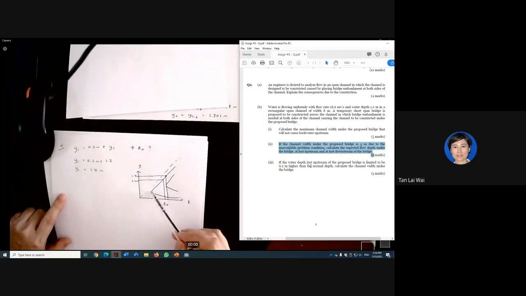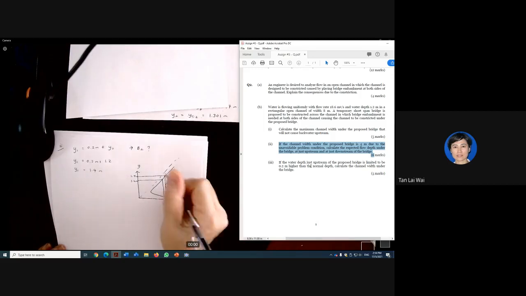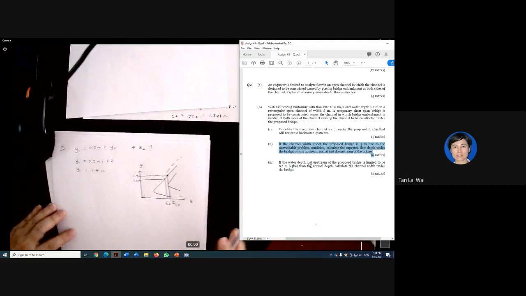When you find YC naught, you compare it with Y naught, and you are going to realize that this is subcritical, and that it is here, not here. So you have 1.4. Now you know that the value of E13 you can get from when Y1 equals 1.4.